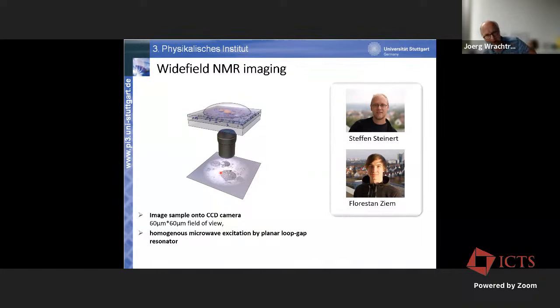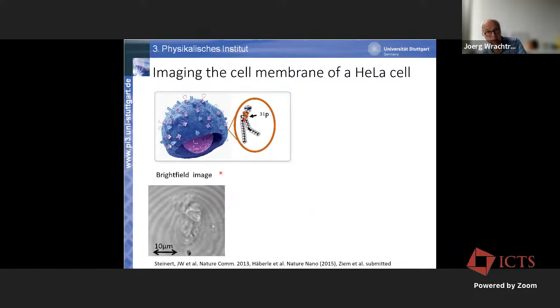This is essentially how this works. And we were now doing demonstration experiments, showing on the one hand the recording of periodic, multiple frequency signals, which are the Larmor frequencies of magnetic nuclear spins, plus imaging.